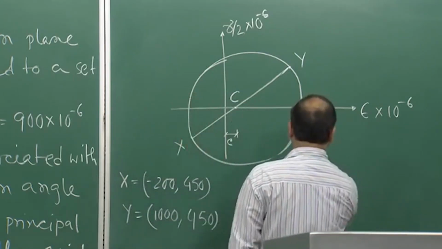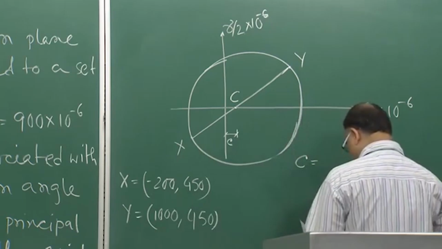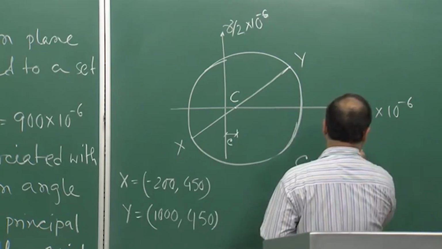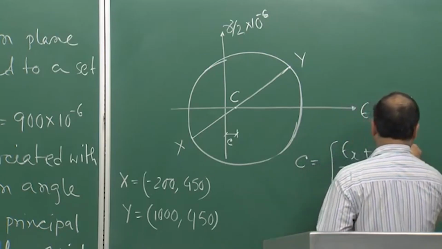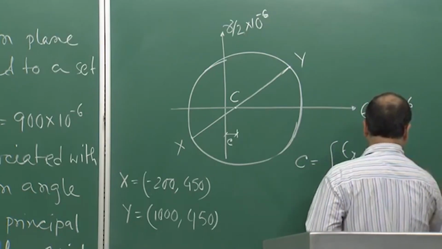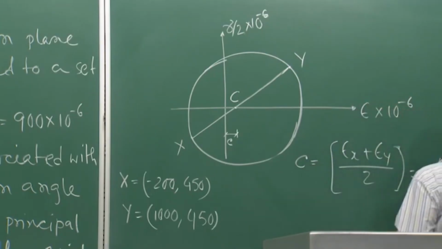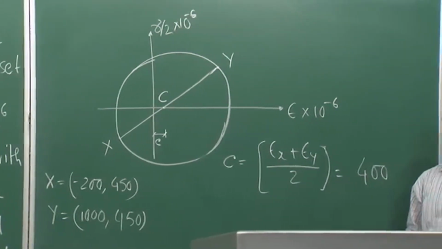So, therefore, small c can be written as epsilon x plus epsilon y by 2. So, that gives me 400. Okay.